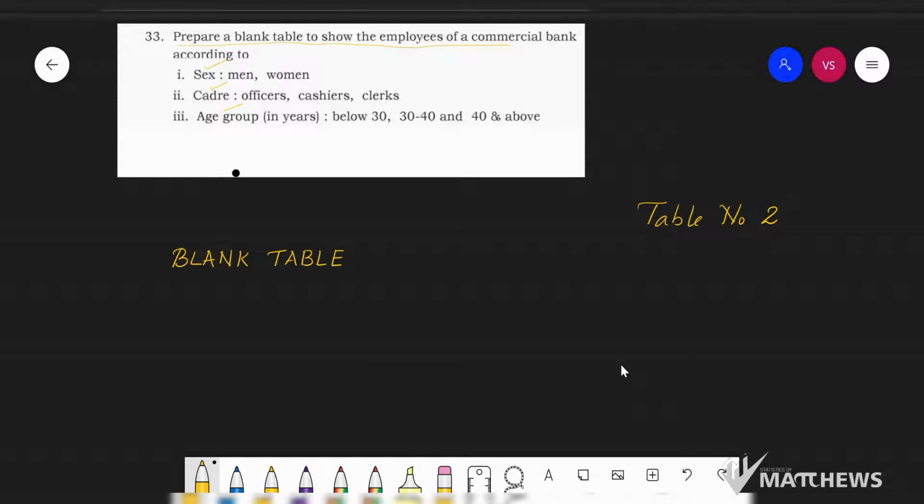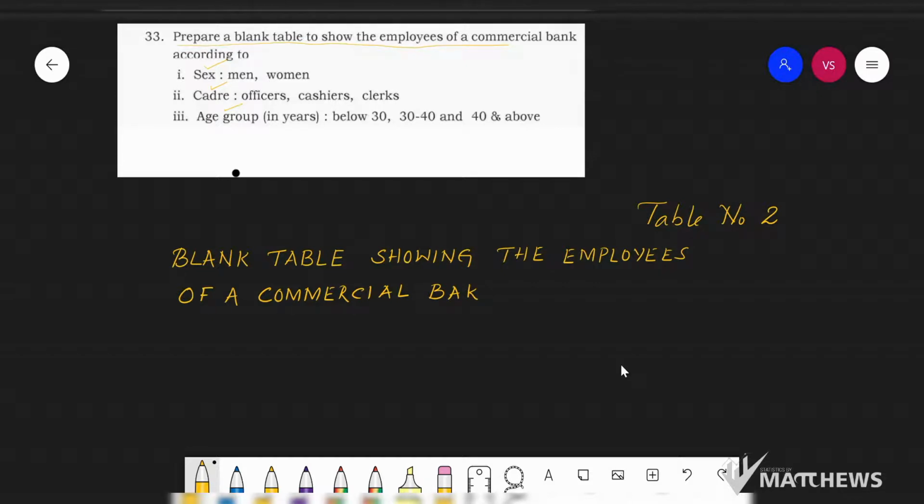Blank table showing the employees of a commercial bank according to what are the three?